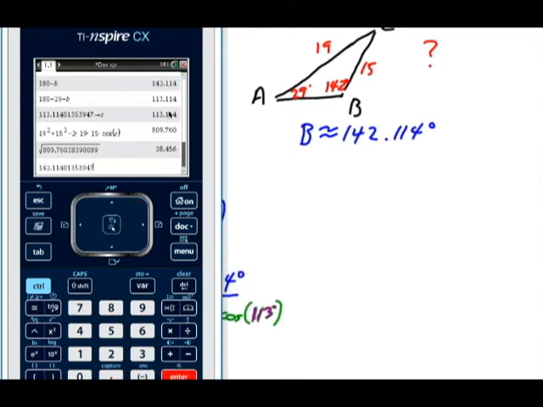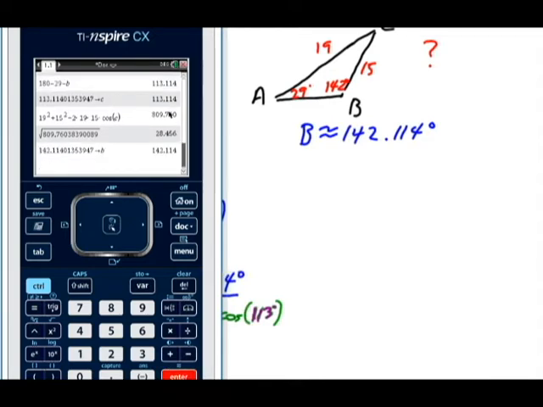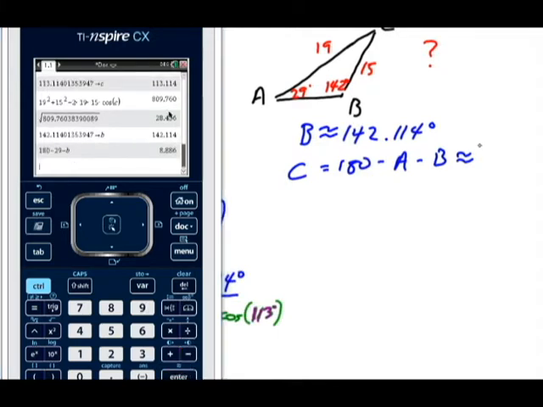So here's the new angle B, and we will store it as B. Now it replaces the old value. It will be good for this obtuse triangle. So this is about 9 degrees.